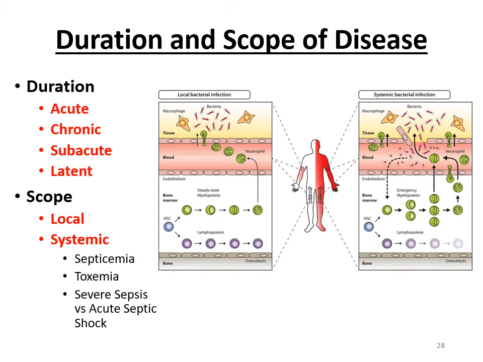The two forms of sepsis that you see on this slide are severe sepsis versus acute septic shock. Whenever you hear acute, based on what we were talking about a minute ago, acute means very quick. With acute septic shock, your patient can suddenly die within 24 to 48 hours because there's such widespread tissue and cell damage.